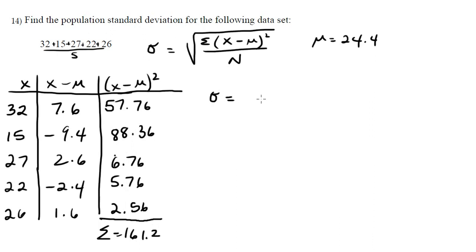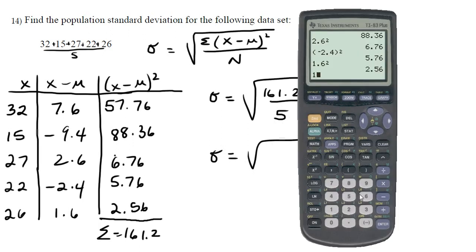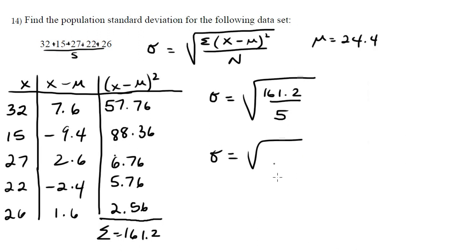So the population standard deviation, 161.2 divided by 5 values. Population standard deviation is the square root of 161.2 divided by 5, 32.24.